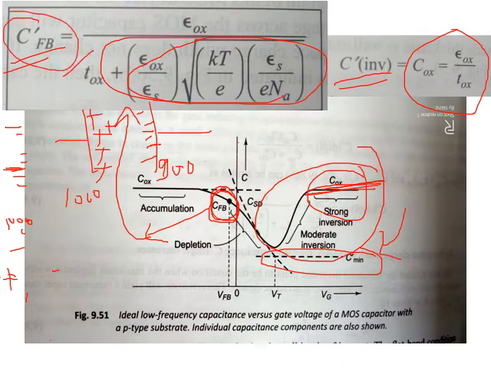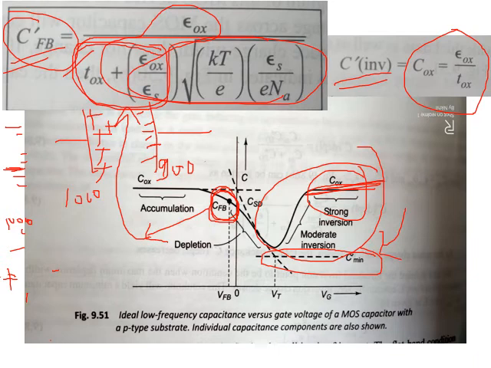Flat band capacitance is given by epsilon OX by TOX plus this thing, which is common when you think of C minimum. So what is C minimum? C minimum is epsilon OX by TOX plus epsilon OX divided by epsilon S. Up to this point it is the same.